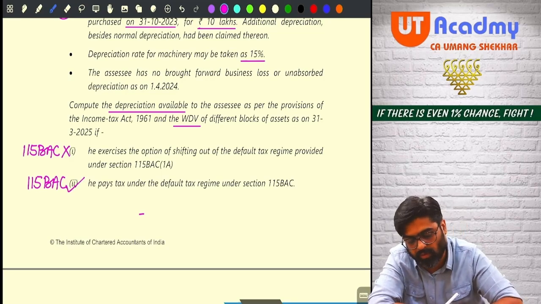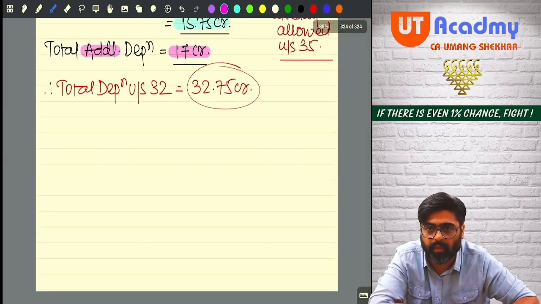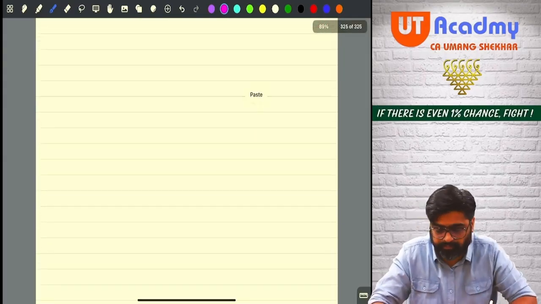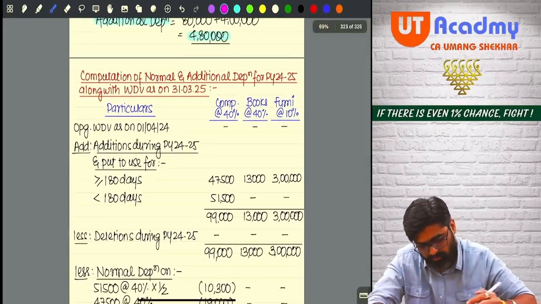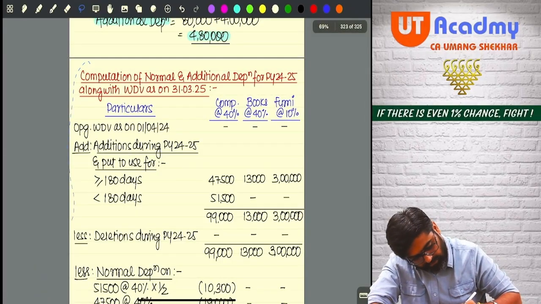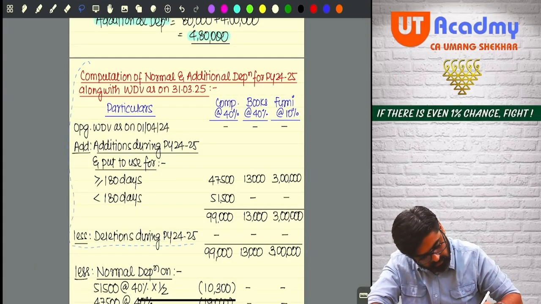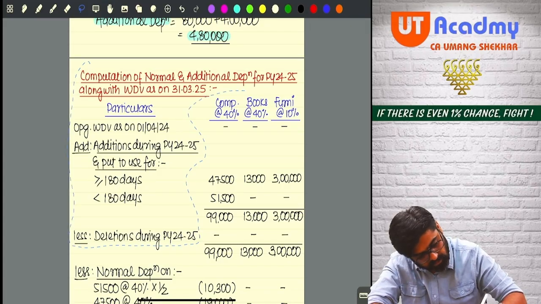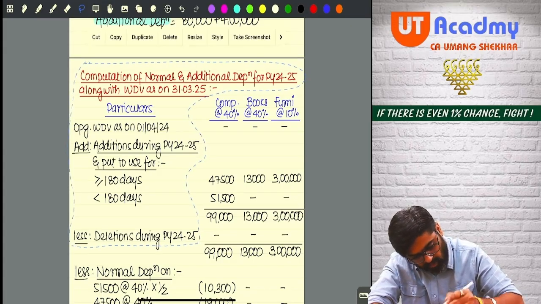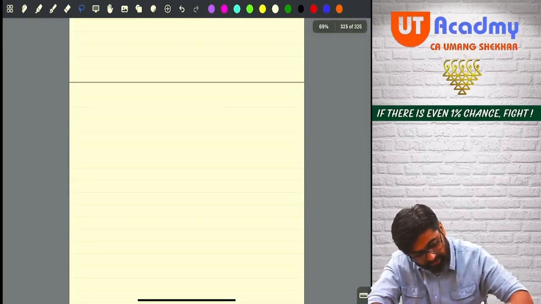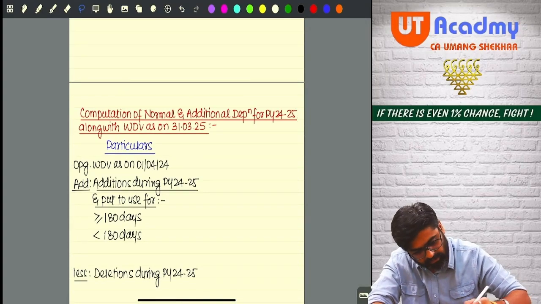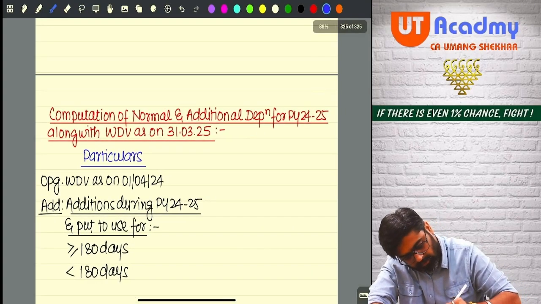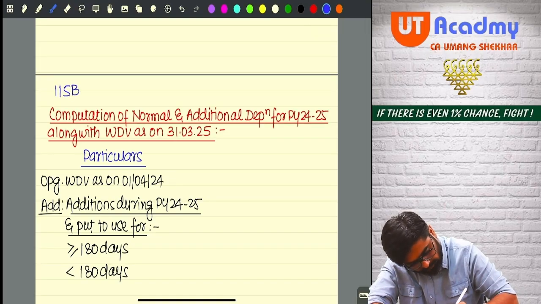Okay, now how to solve this question? Shall we start? Okay, pay attention. Copy and then paste. And the first assumption is the assessee is not following 115BAC.